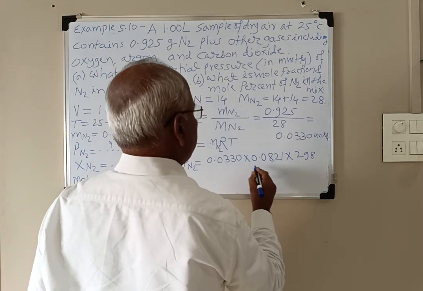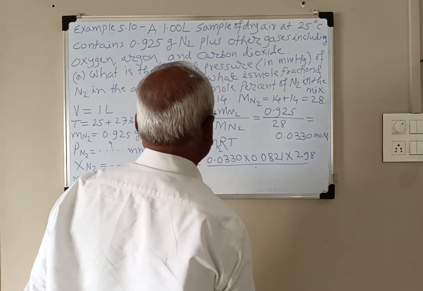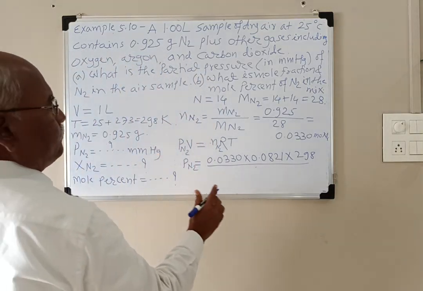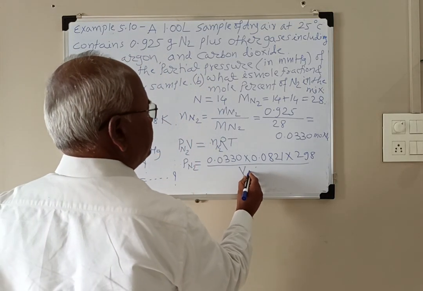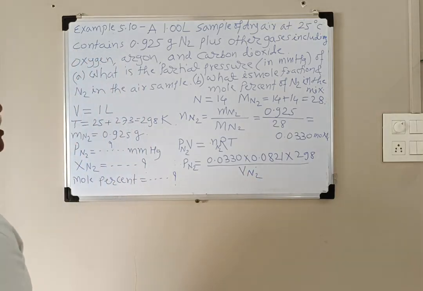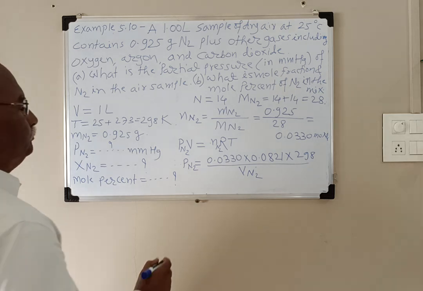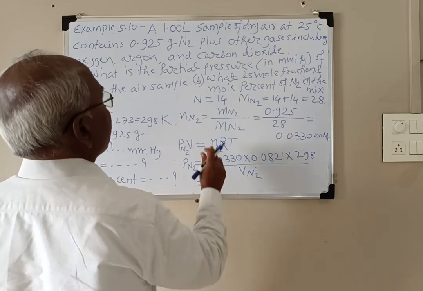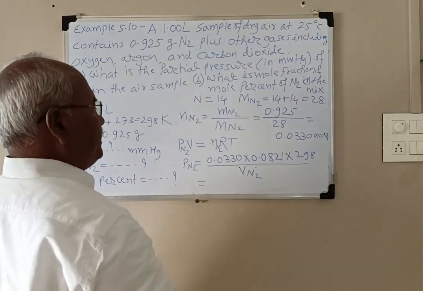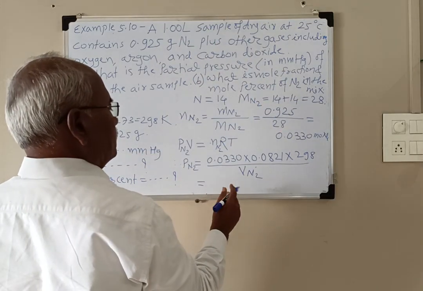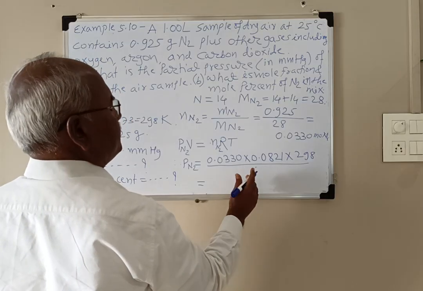Substitute there, divided by V, the volume of nitrogen, 1 liter, because it is a 1 liter sample of dry air, divided by 1.